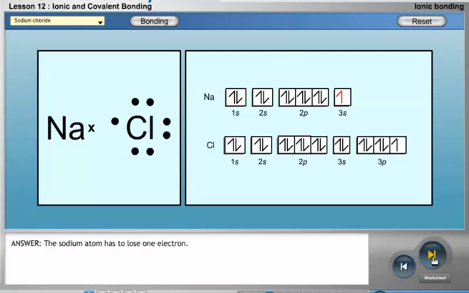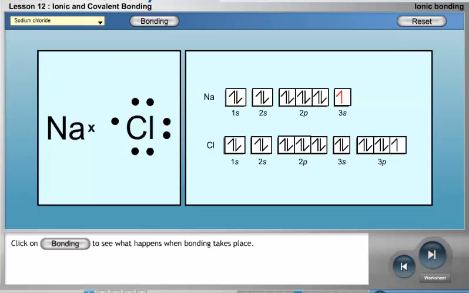Answer: the sodium atom has to lose one electron. What has to happen to give a chlorine atom a full octet of electrons? Answer: the chlorine atom has to gain one electron.